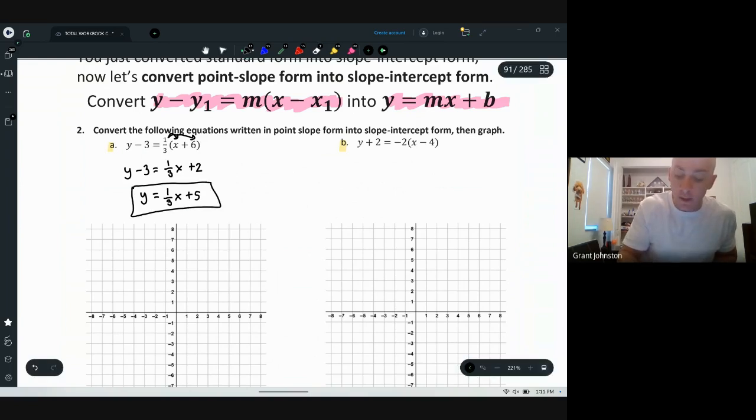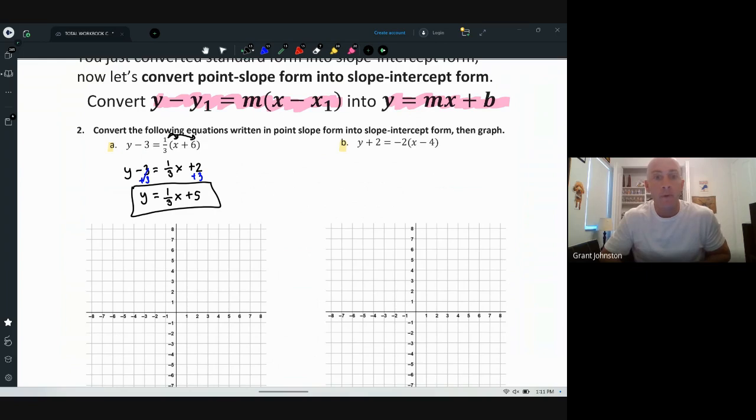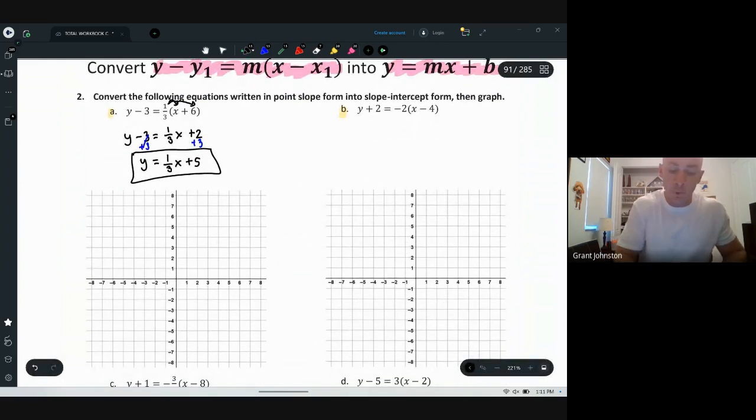If you're not sure what I did there, let me show what I did. Plus 3. And it says to graph, so y-intercept is at 5. And then slope is positive 1/3, up 1 over 3. There we go.